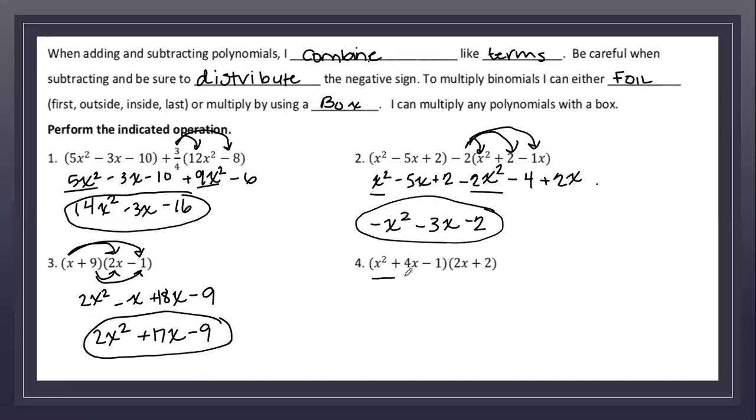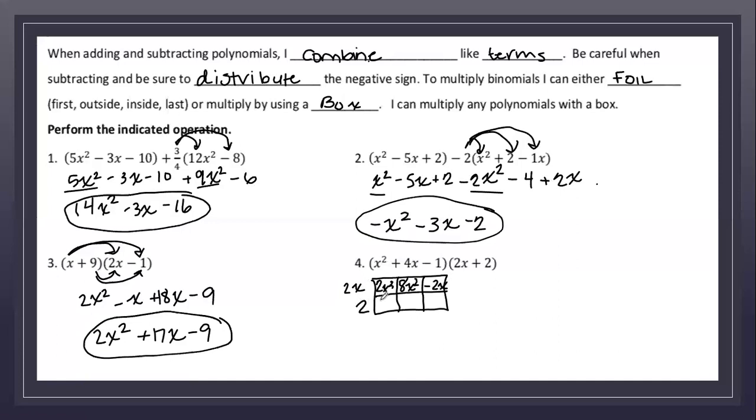The next one, I'm going to use the box method to multiply these two. And I'm going to rewrite the two terms in my second polynomial right here out to the side. So 2x times x squared is 2x cubed. 2x times 4x is 8x squared. 2x times negative 1 is negative 2x.